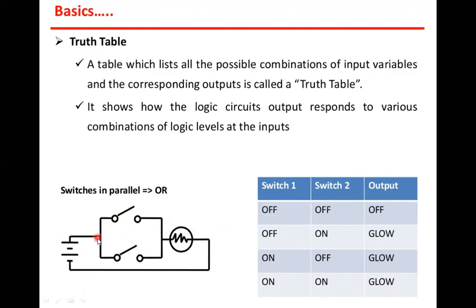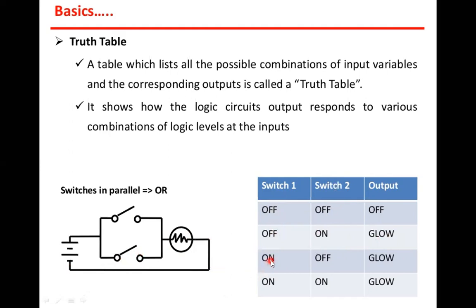From the positive terminal the current will flow in this manner, pass through this LED, and close with the negative polarity. It means there is a current in the circuit. So when switch 1 is off and switch 2 is on, there is a glow at the output, because these two switches are in parallel connection.